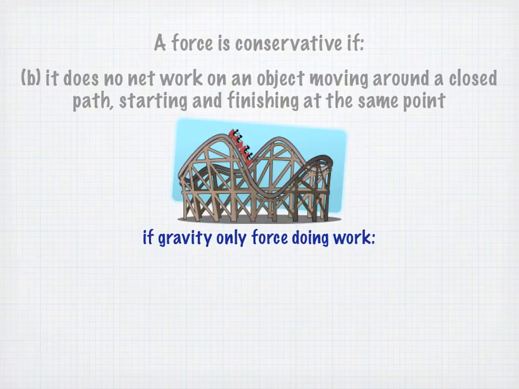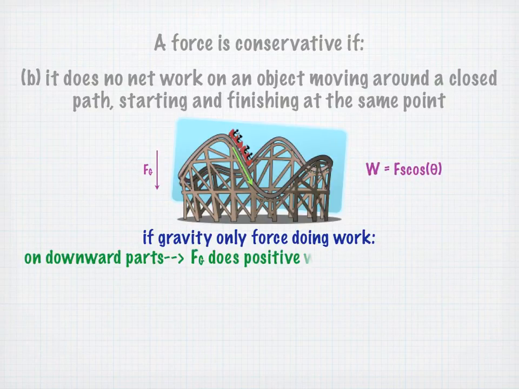The gravitational force points downward, so according to our equation for work, as the cars move along the downward parts of the roller coaster, the gravitational force is doing positive work. If you recall, work done on an object by an external force is equal to the change in the kinetic energy of the object.